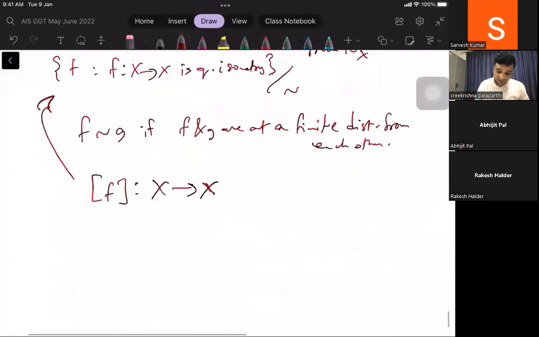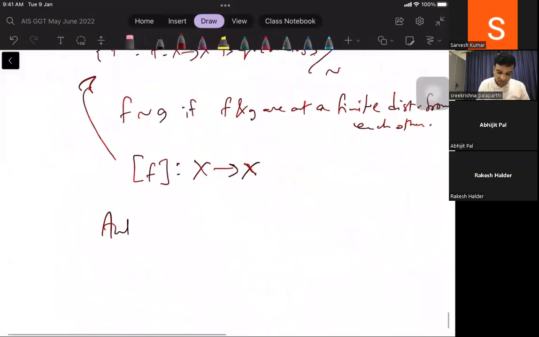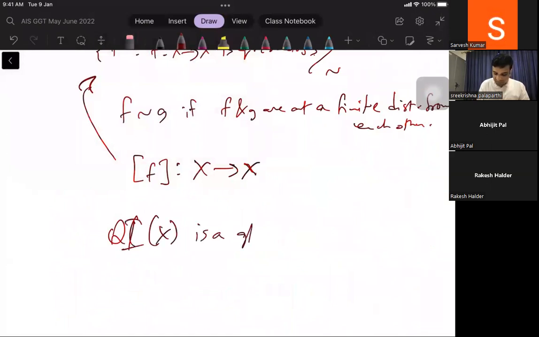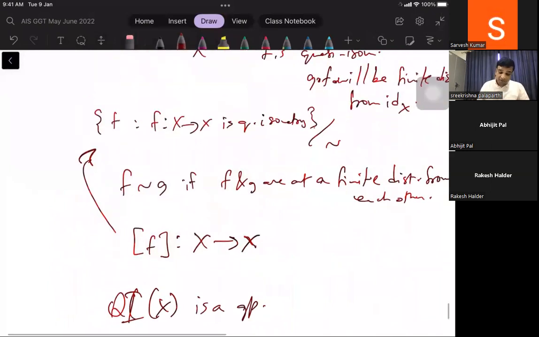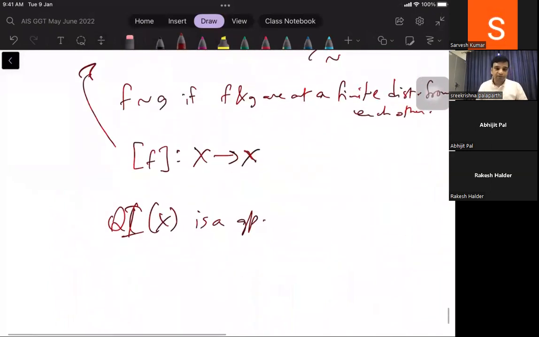Then I get to say that this QI of X is a group. Otherwise, if I don't do this adjustment, I don't get to say that this is a group. So now QI of X is a group. So in this category, one can ask how these quasi-isometry groups look.